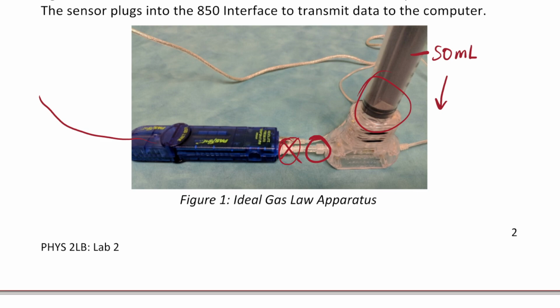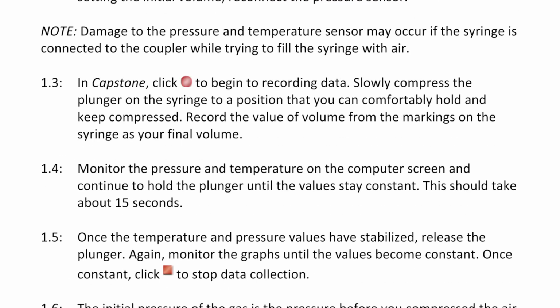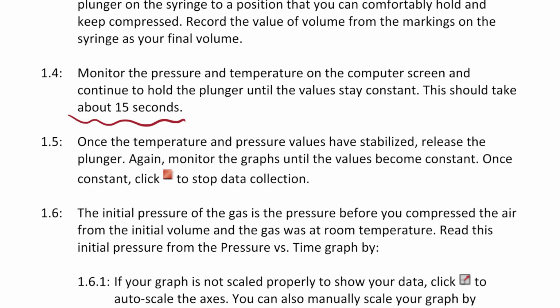And then you're gonna wait approximately 15 seconds. That's just so that the temperature normalizes again. If you press it down really fast, the temperature is going to increase inside the syringe, and you want that temperature to go back down to room temperature.